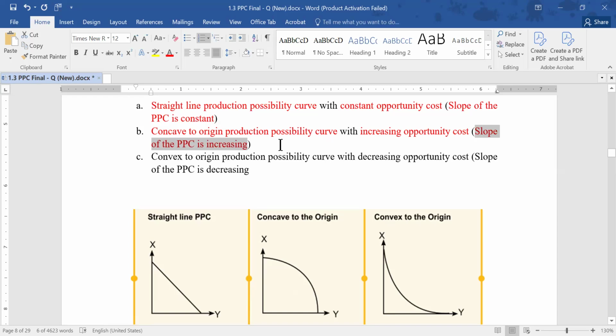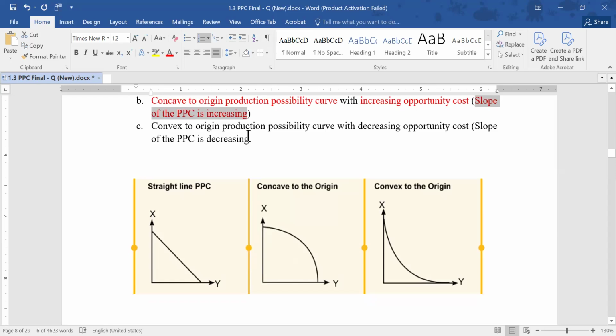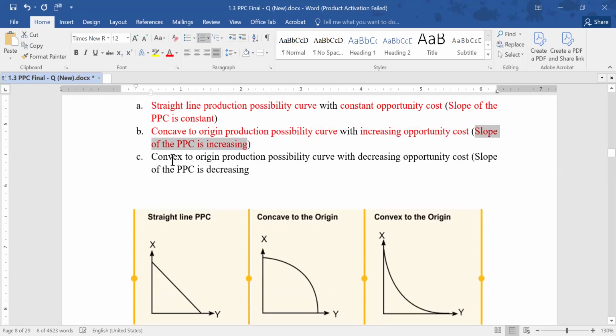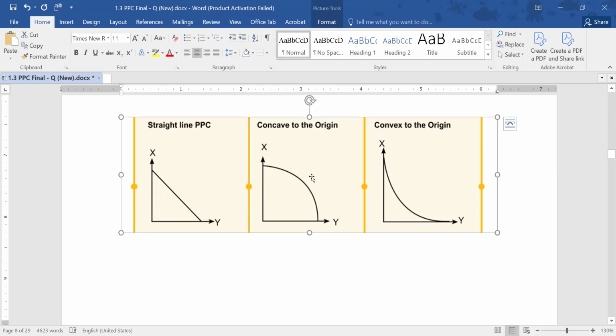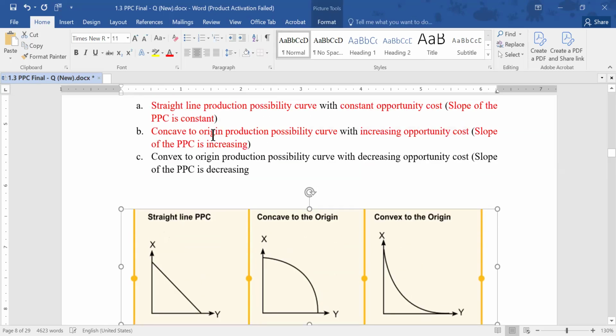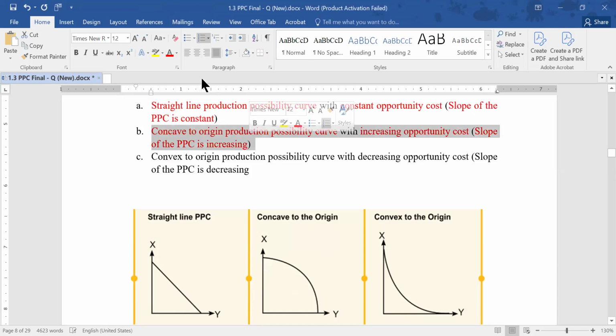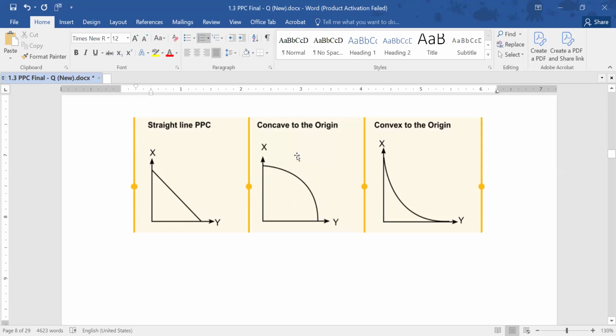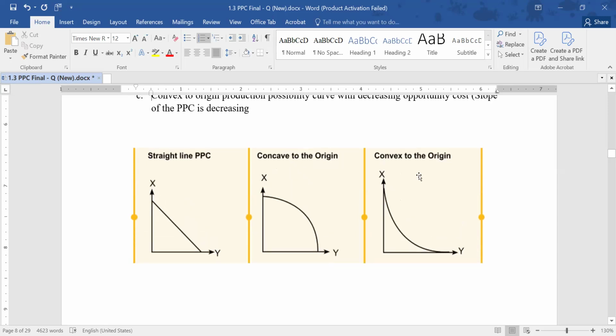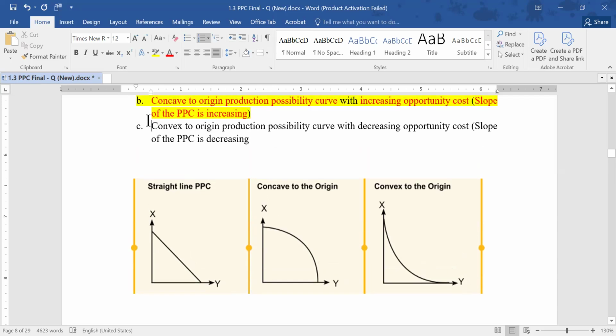When the slope is also increasing, we can identify it as increasing opportunity cost. And the third one is the convex to the origin production possibility curve. The second picture is the concave to the origin, which represents increasing opportunity cost. And the last one, convex to the origin PPC, is out of the syllabus actually.